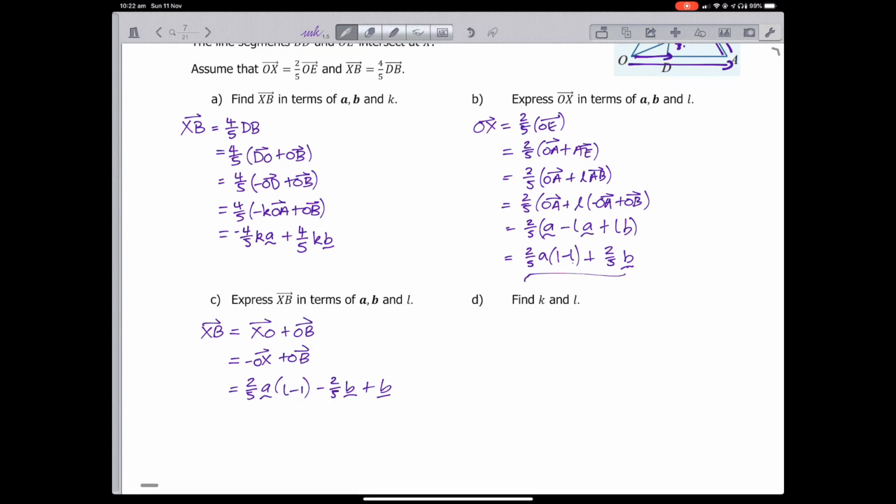That's right, isn't it? I've got an L here, because there's an L there.